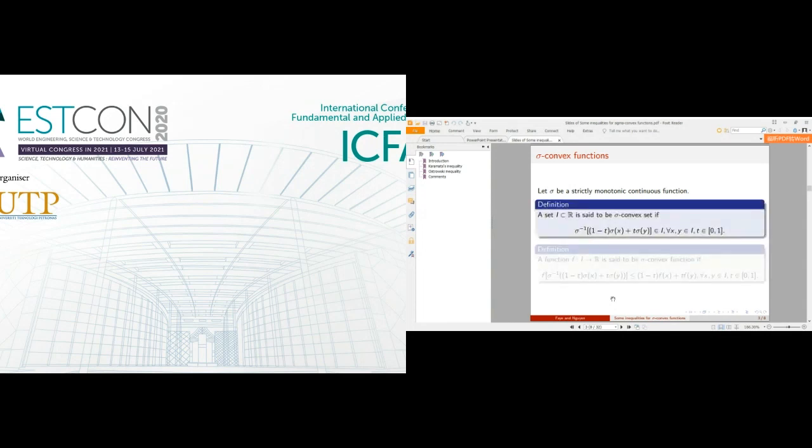A set I in R is said to be sigma convex if sigma inverse of (1 minus t) sigma x plus t sigma y is in I for any x and y in I and t between 0 and 1. This notion generalizes the convex set notion if we choose sigma the identity map.